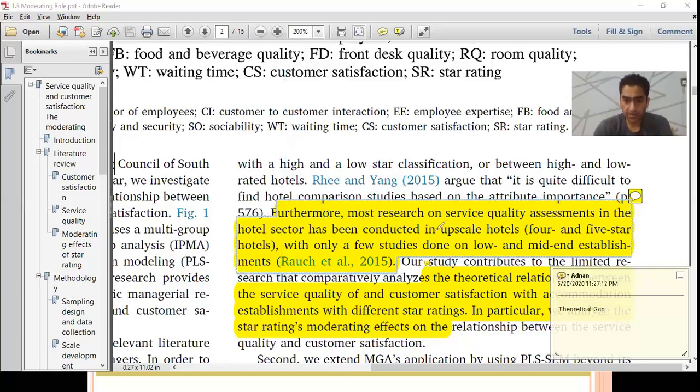Furthermore, most research on service quality assessment in the hotel sector has been conducted in upscale hotels, with only a few studies done on low and mid end establishments.